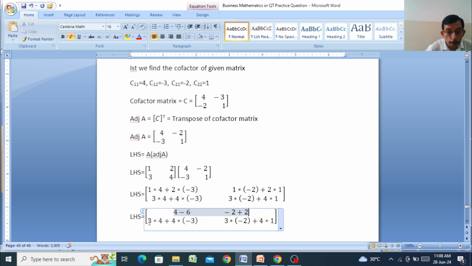Now 3 times 4 is 12, note down 12. 4 times 3 is 12, note down minus 12. 3 times 2 is 6, note down minus 6. 4 times 1 is 4, note down plus 4.